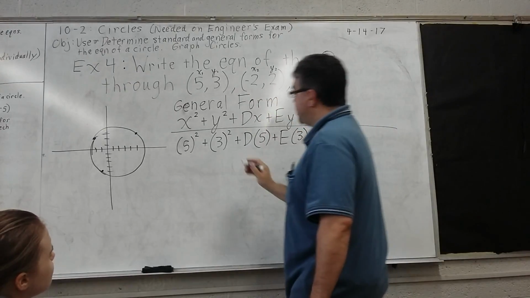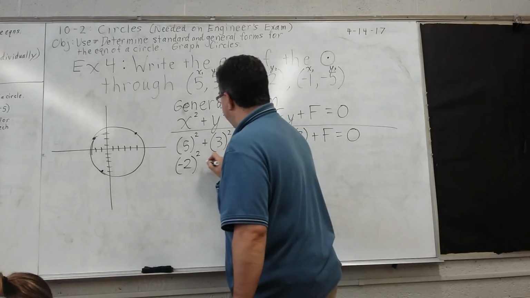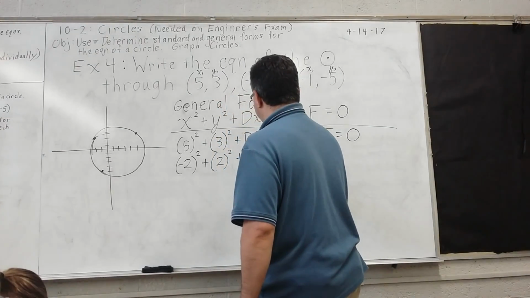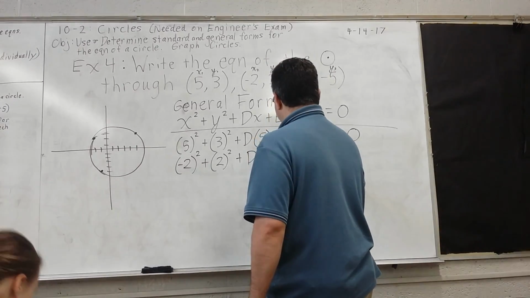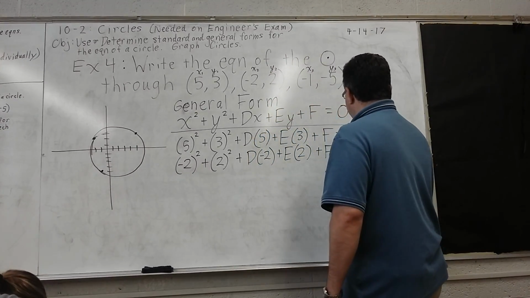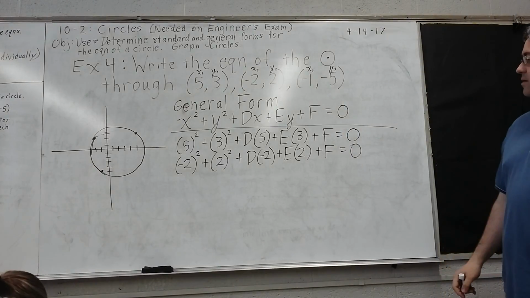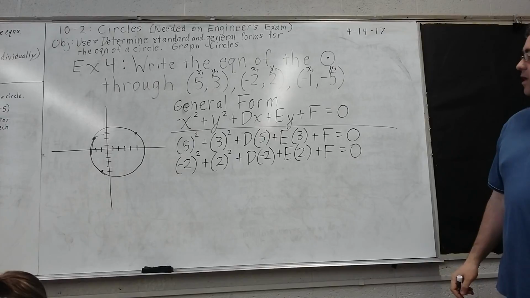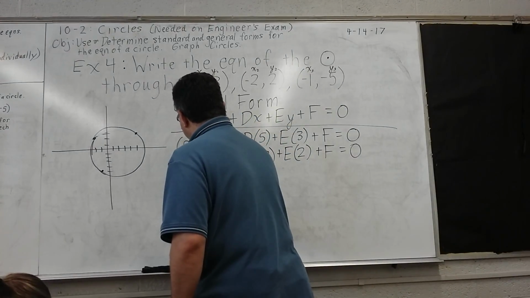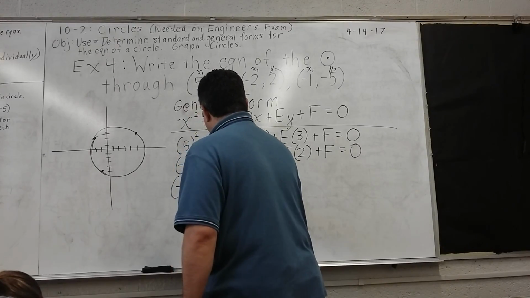Then I move on to the second one, same thing. Every time I see an x, put in a negative 2. Every time I see a y, put in a 2. So there's our second equation. And finally, our third equation: every time you see an x, you put in a negative 1, and every time you see a y, you put in a negative 5.